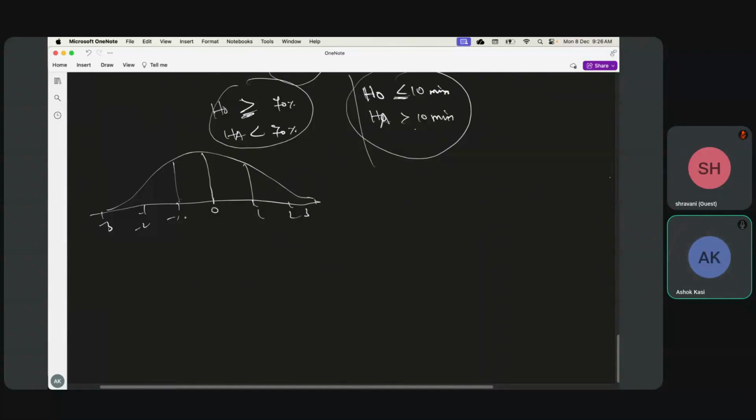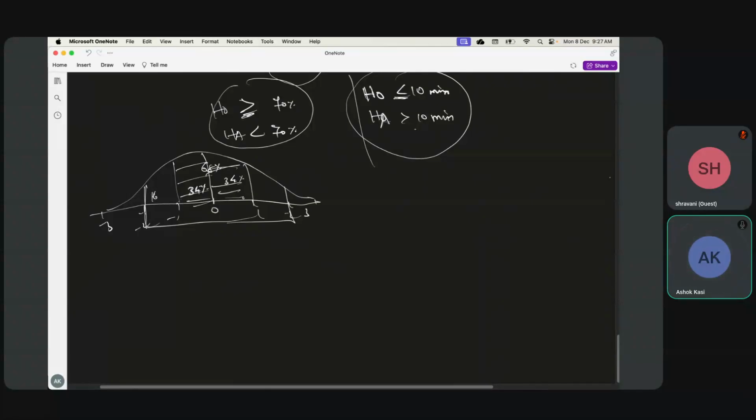This is standard deviation 1, 2, 3, and on the left-hand side -1, -2, -3. This covers 34% and 34%, so total 68%.